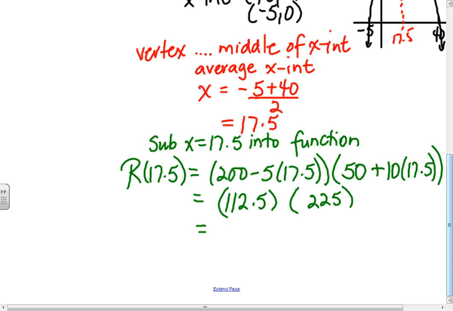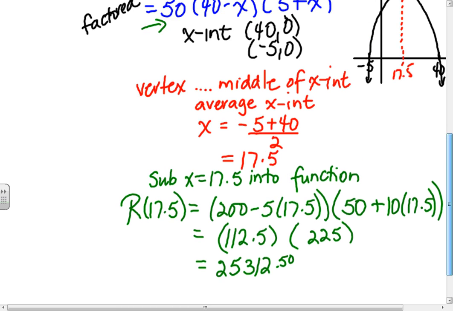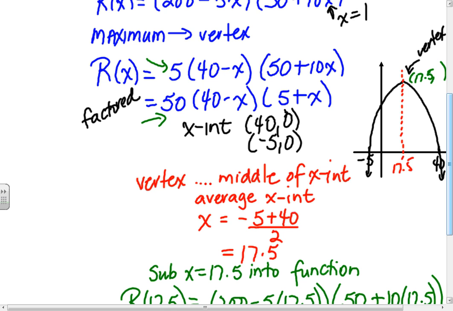So the maximum revenue will be that times 225, which is $25,312.50. Who knew? All right, that is the number that goes right there, which I can't fit.